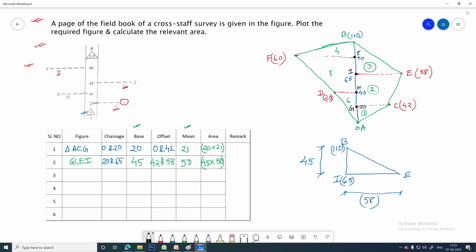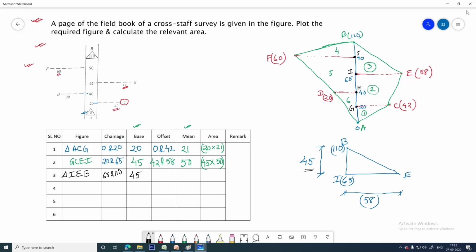Now we just put the values over here. So here it is a triangle, triangle IEB. We can write the chain edge values 65 and 110. What is the value of the base? That is 45.